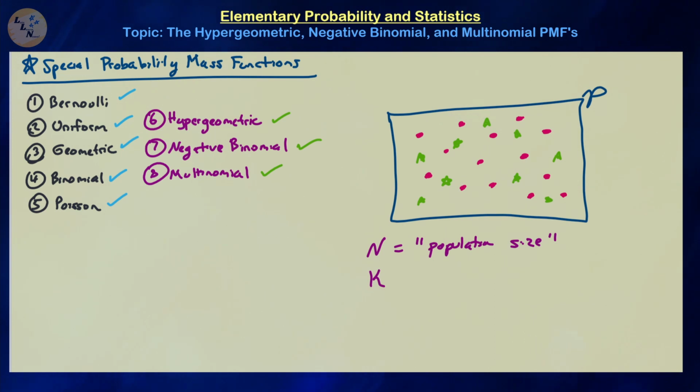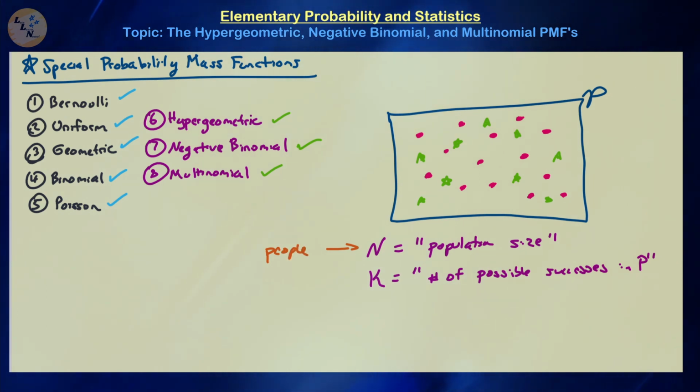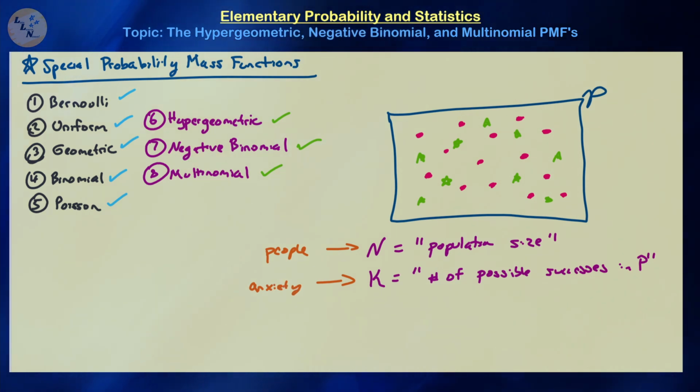Now let's assume capital K is going to represent the number of possible successes in my population P. So let's assume that population size for this particular example is going to be the number of people that are in my population, and K is going to be the number of people that have anxiety in my population.